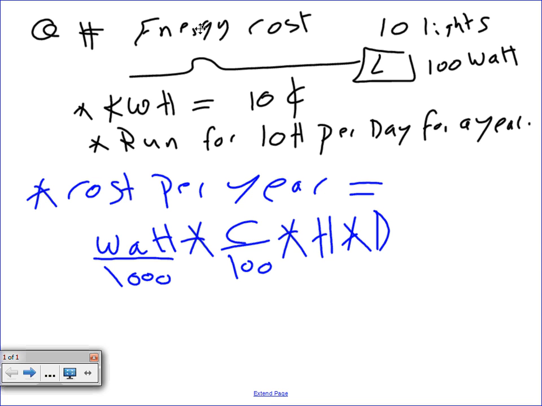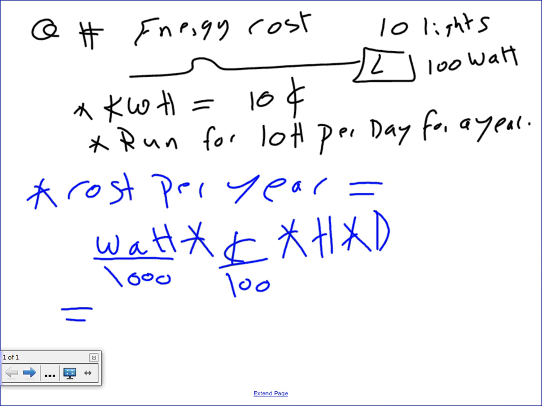Why did I divide the watts by 1,000? Because we pay per kilowatt. Why did I multiply by hours? Because it's also paid per hour. And why did I divide the cents by 100? Because to make them dollars. And the days. Okay, plug and play.